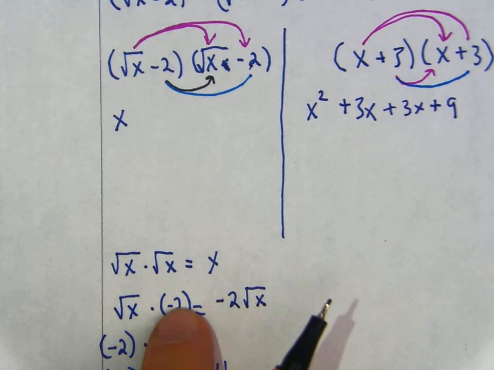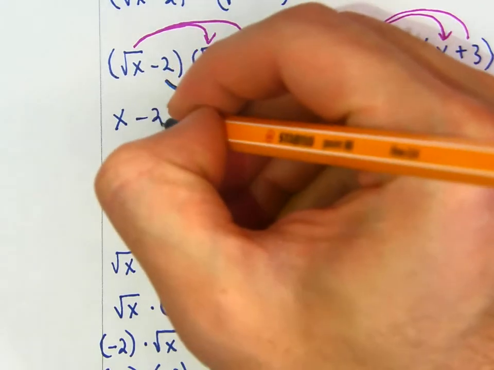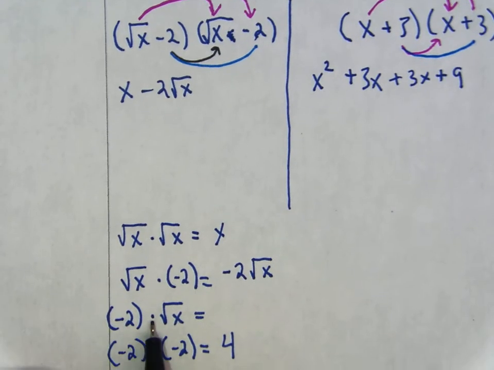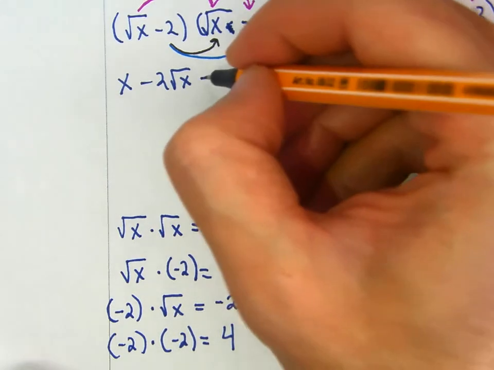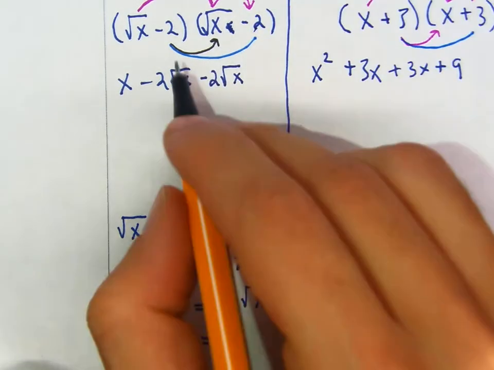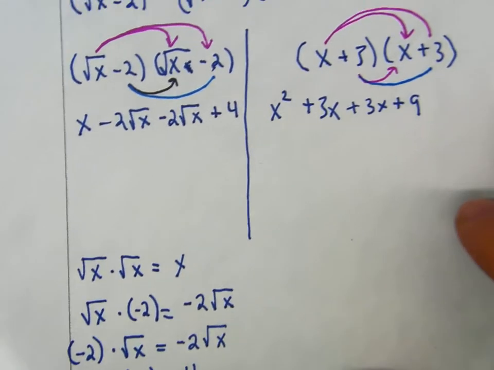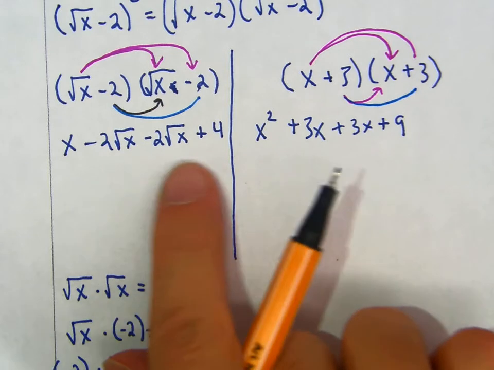You're just doing negative 2 times square root x, and you can't simplify this anymore. You're just multiplying these two out. So this is negative 2 radical x. And same idea here, negative 2 times square root x is just negative 2 radical x. So that's here. And then negative 2 times negative 2, this one we know is positive 4. So notice that this is what we should have over here.